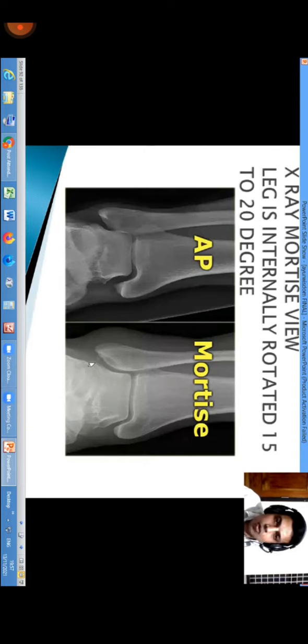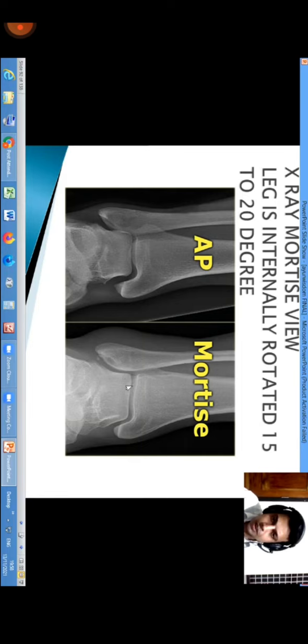Then coming to the mortise view of ankle joint. This is a special view of X-ray in case of ankle injuries. This is a normal AP view and this is mortise view. In mortise view, leg is internally rotated to 15 or 20 degrees.